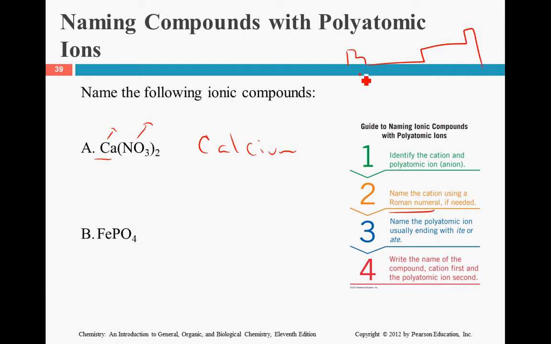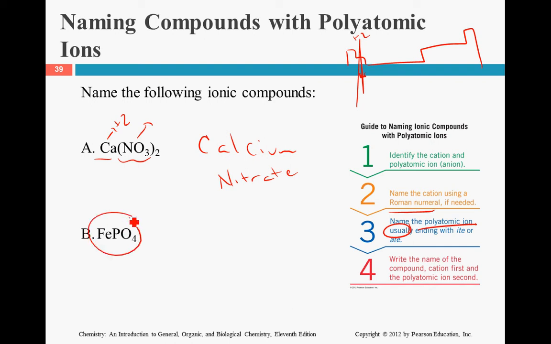Calcium is here on the periodic table. It's in a tall row. That means it automatically has a +2 charge. That means you do not need a Roman numeral. Name the polyatomic ion that usually ends in ate or ite. So, NO3 we know is nitrate. So we have calcium nitrate.